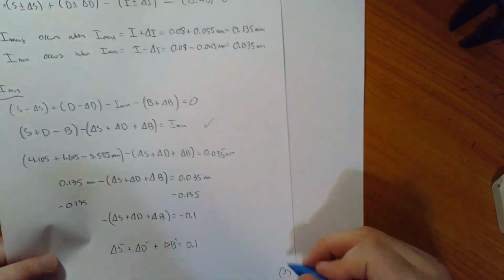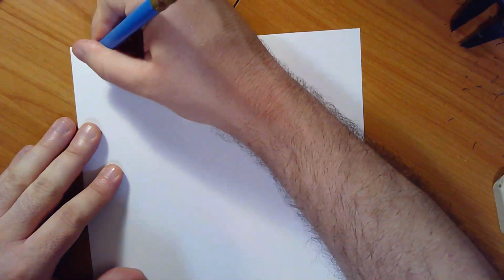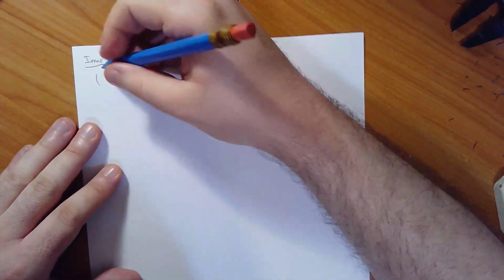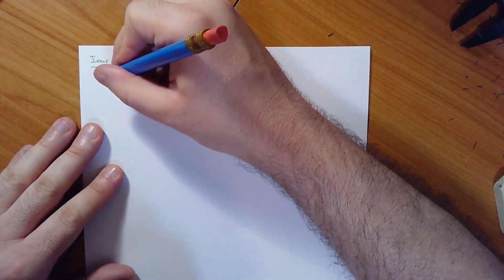Okay, so we got that. Let's move on to I max now. Let me call this 2 prime so that I don't get it mixed up with my originals. Okay, now we are into I max. So I'm going to do the same analysis, but I'm going to do it on the I max side. So really, this is just the inverse of what I did before.